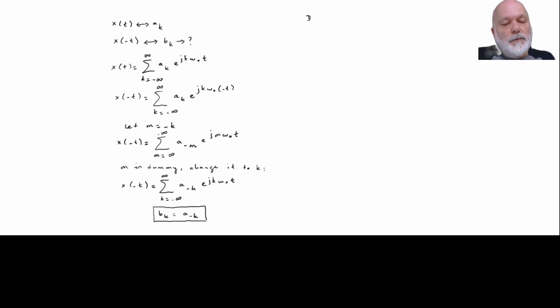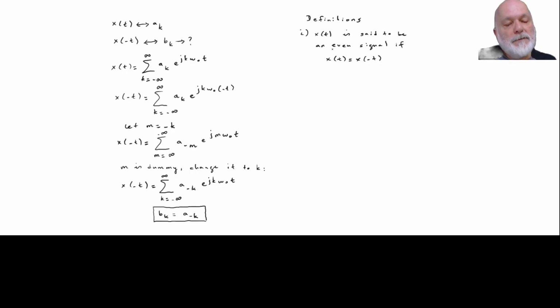So now we have a definition related to signals. In fact, we have two definitions. The first definition is the definition of an even signal. x of t is said to be an even signal if x of t is equal to x of minus t.